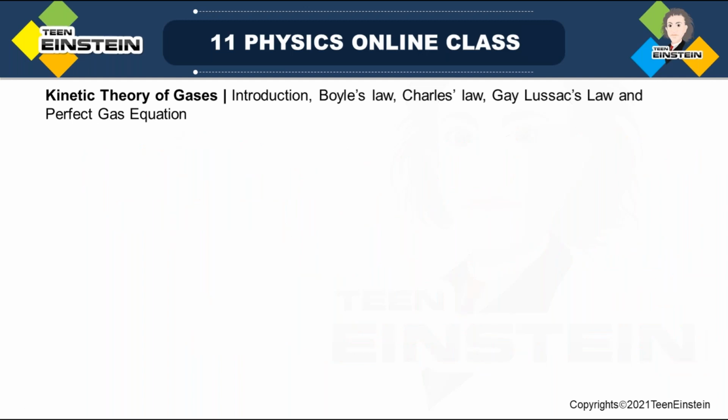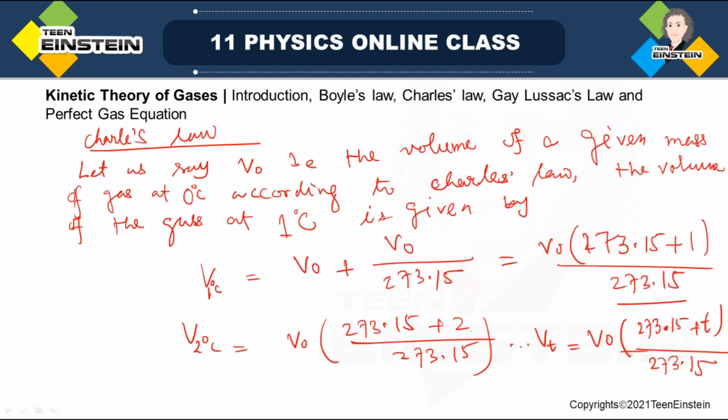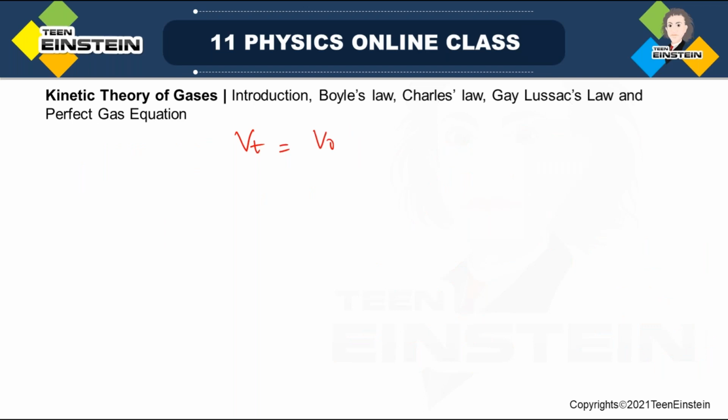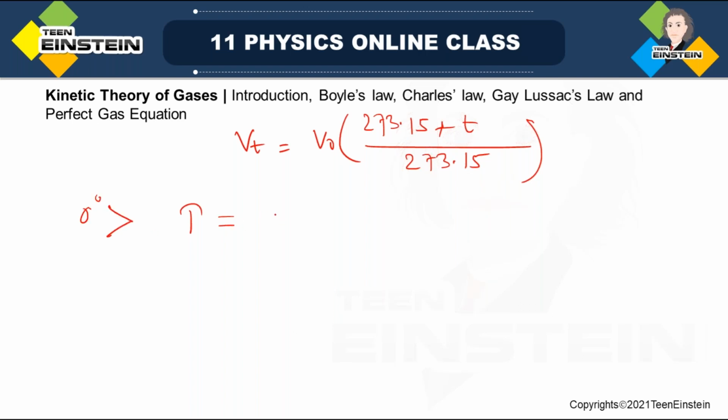What we can write is Vt is equal to V0 into (273.15 plus t) divided by 273.15. Now look, the temperature on the absolute zero scale for 0 degree centigrade will be, suppose, T0, and that is 273.15.